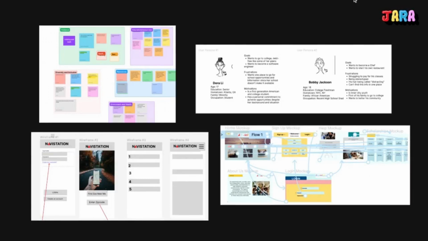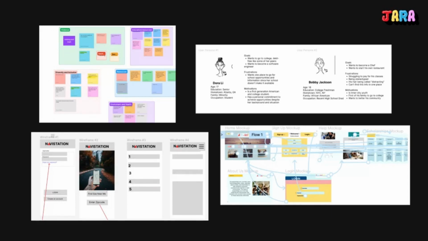So what you're seeing here is a few screenshots of some of the work the students at the King Center did during our session. So the top left, that was their ideate phase where they all put in ideas that they had for ways that they can impact their community for the better. The second one is a user persona that they created.